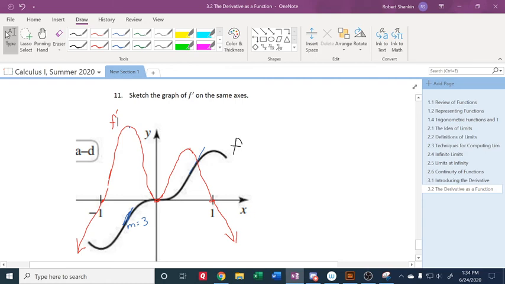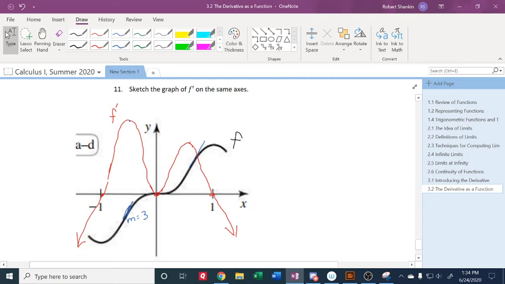And if you made this hump higher than this hump to the left, I'd still give you credit for it, as long as you stayed above the x-axis over here, stayed above the x-axis over here, and so on. If you're getting really detailed, though, you can get a little more precise. That's kind of what I was showing you. Okay.